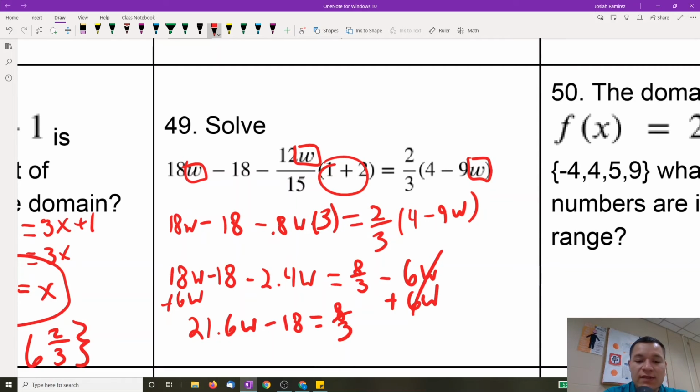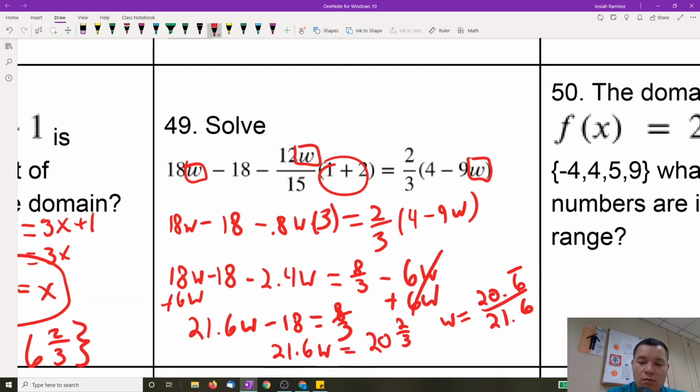We'll add the 18, and then we'll divide by 21.6. If you had your calculator, you could put that into your calculator.